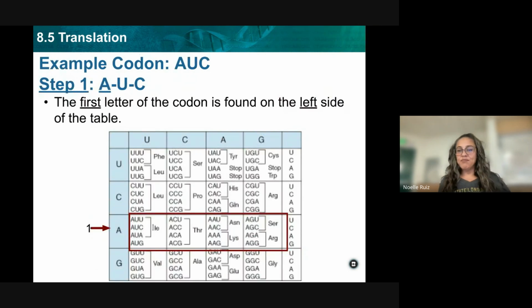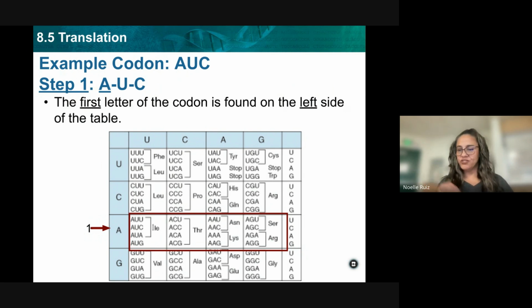So we're going to take an example codon. Remember, codons are the groups of 3 on the mRNA strand. We always read them by the mRNA strand. And our example codon is AUC. So we've already gone through the DNA and made our mRNA strand.